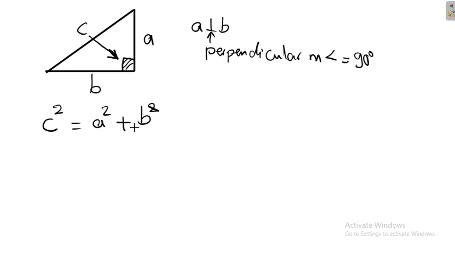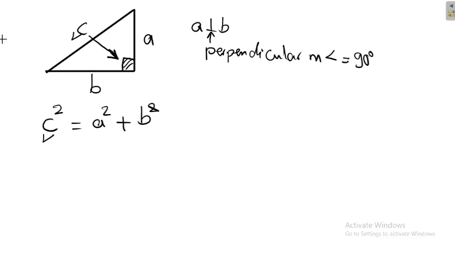In the real world, when we draw any triangle and measure with a ruler, we get the length C, not C squared. So how can you get C from C squared?